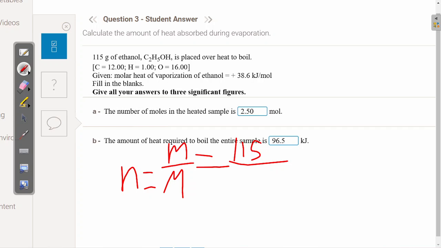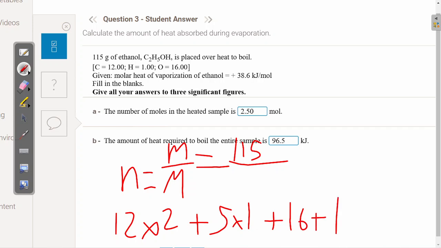C2 is 12 times 2 plus H5 is 5 times 1 plus O is 16 plus H is 1. You will get 46. So you do 115 over 46, which is 2.5 moles.